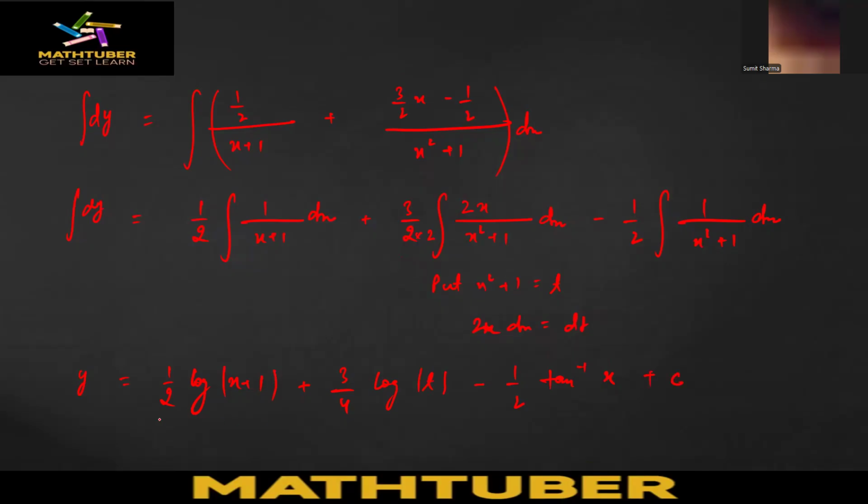So this is the answer. Now just substitute the value of t here. Log of x plus 1 plus 3 by 4 log of x square plus 1 minus half tan inverse x plus c.